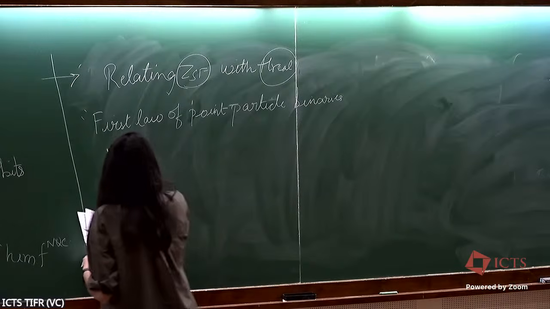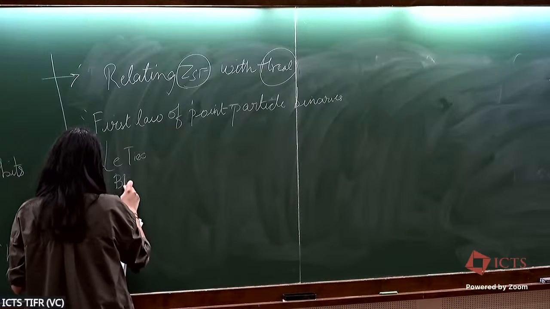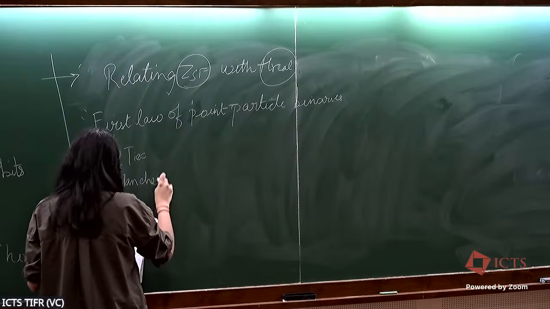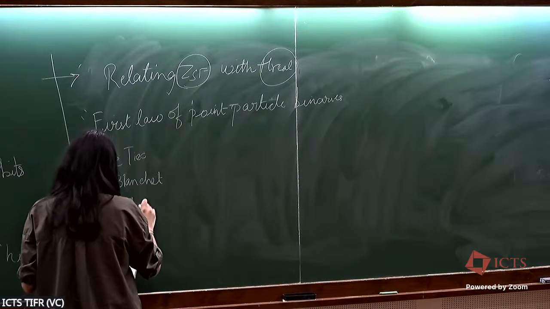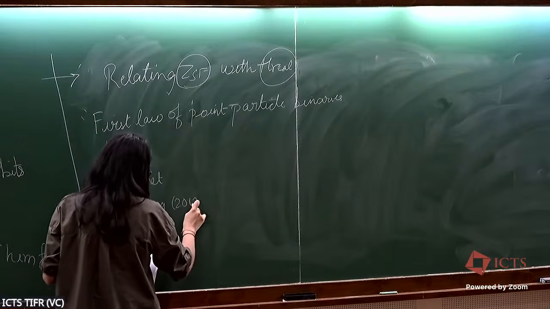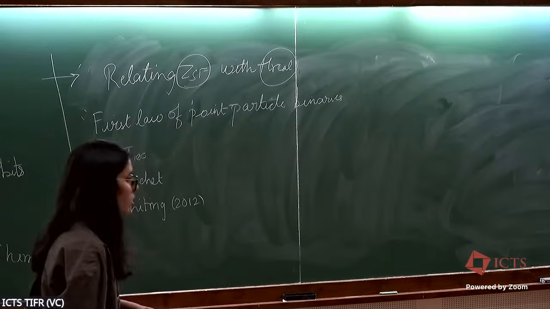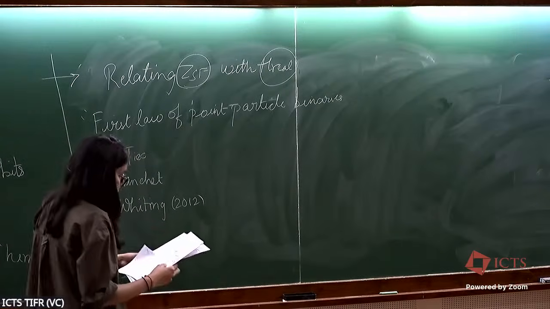This was given by Le Tiec, Blanchet, and Whiting in 2012 for circular orbits. And the generalization to eccentric orbits is also given by Le Tiec in 2015.